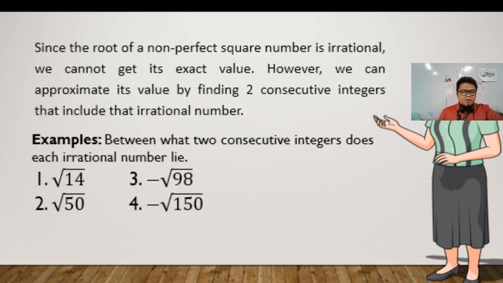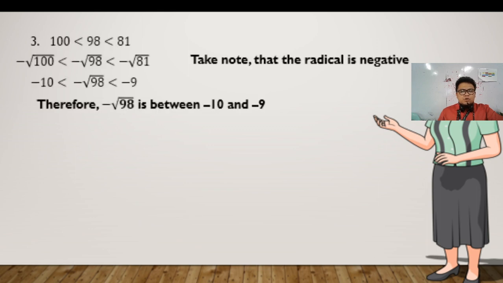And for the fourth one, we have the negative square root of 150. Think of a perfect square near 150. What is the perfect square before 150 and the nearest perfect square after 150? I know you are thinking of 144 and 169. Yes, you are right.